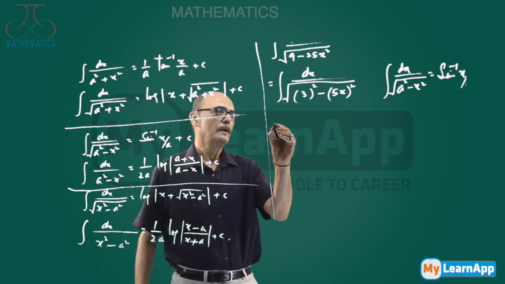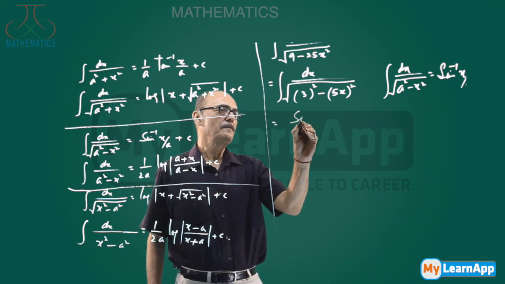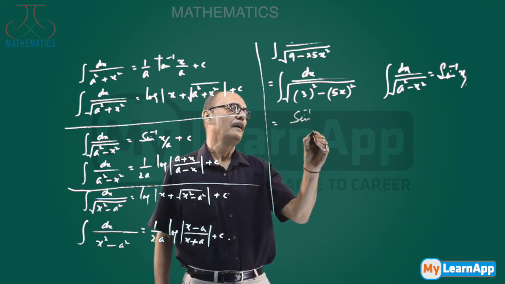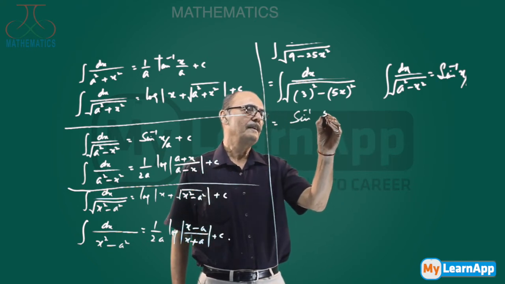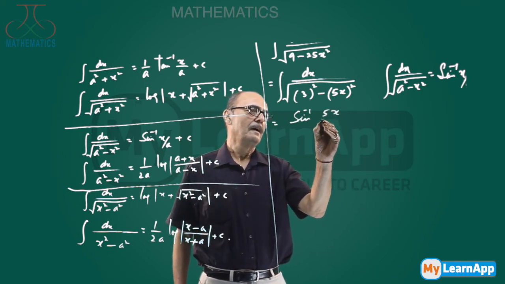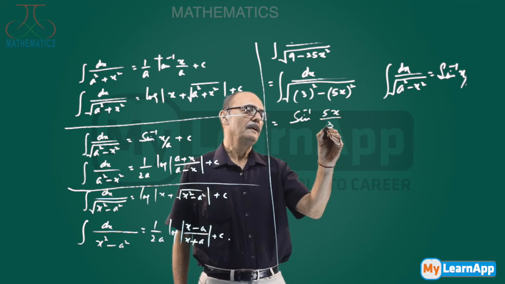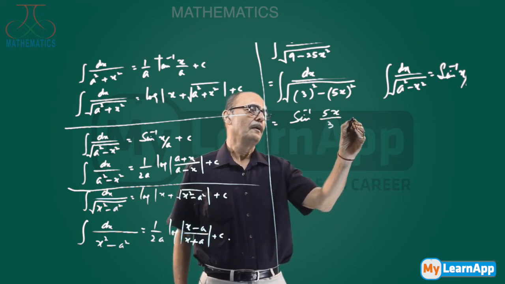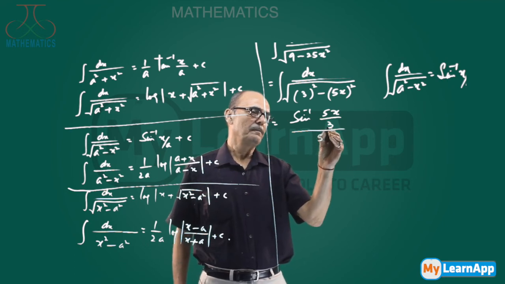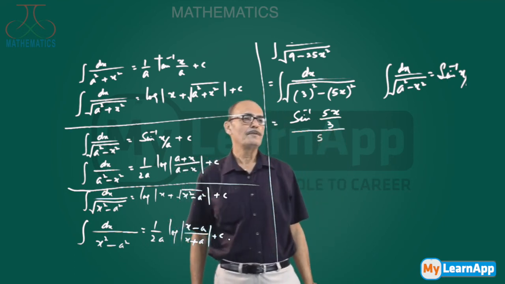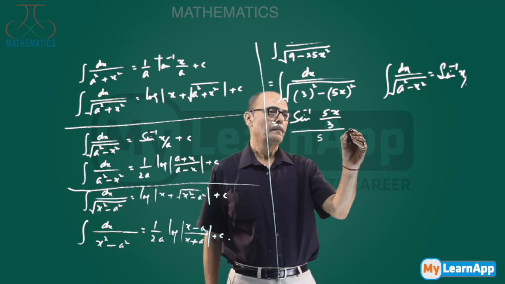So, this is sine inverse x upon a, that is 5x upon 3, divided by, note this step, 5, the coefficient of x, plus c.